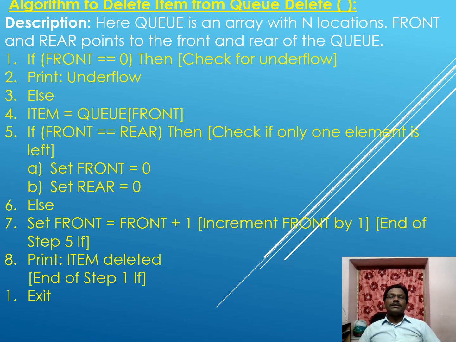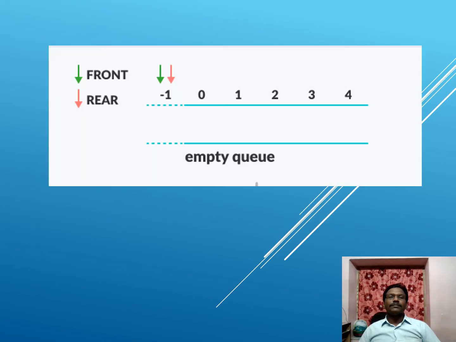Next, how to represent the queues. Initially the front and rear positions are -1, because any array indexing starts from the 0th position, that is indexing 0.